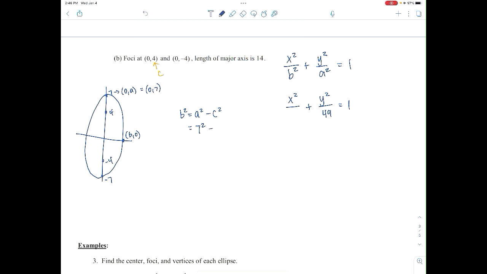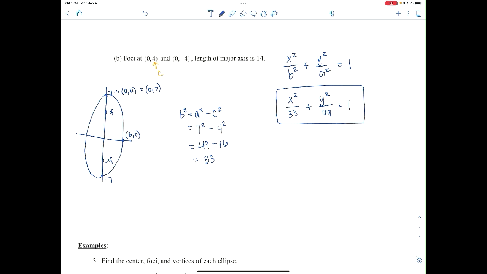So we have minus 4 squared, so 49 minus 16, which is 33. That's our b squared, so that goes under our x squared. x squared over 33 plus y squared over 49 equals 1. That is our equation.